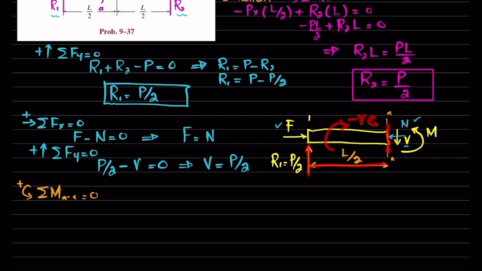And the second moment about this section AA will be this reaction moment, and this will be counterclockwise, so their sum must be equal to 0. So I will write P divided by 2 into L divided by 2, this is minus, plus M is equal to 0. So what we will get is that this moment will be equal to PL over 4.